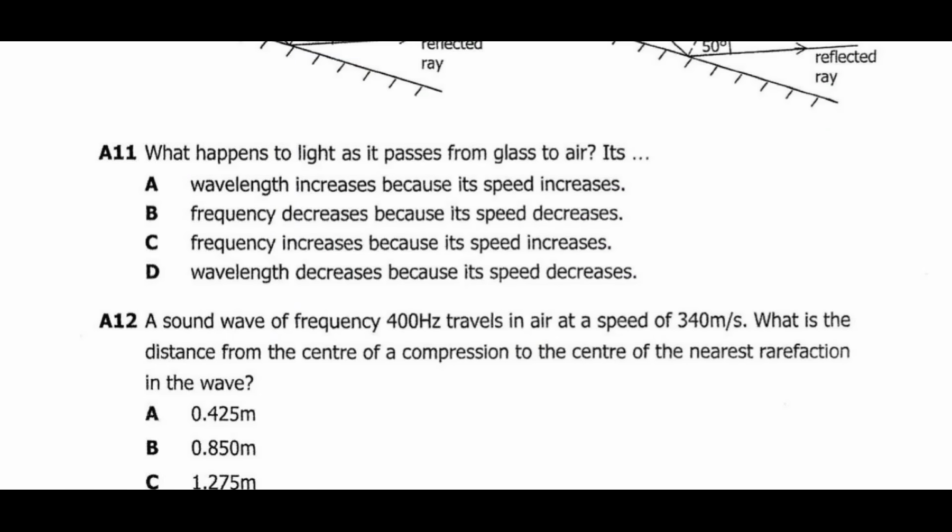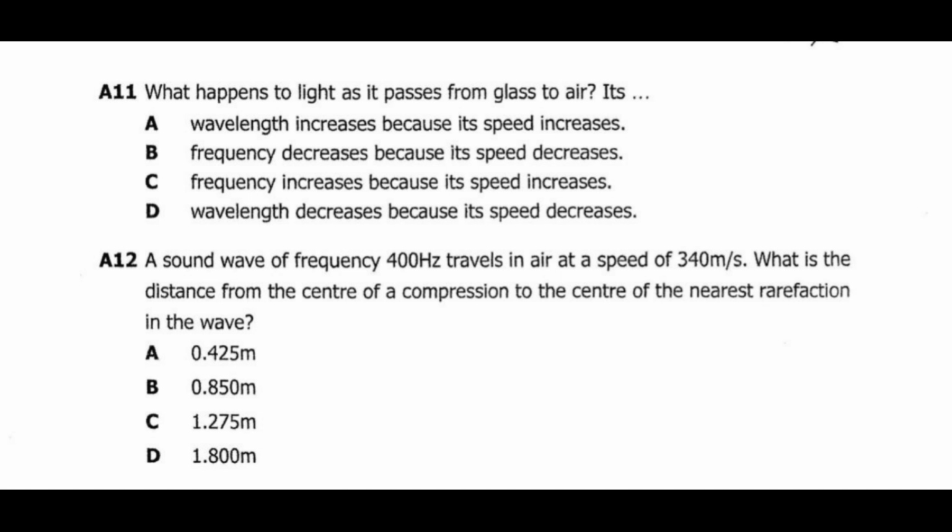Then we move on to question 11. What happens to light as it passes from glass to air? So this is like refraction. If we have two media, the first one is glass. This is our glass. Then we have the medium air. So let's draw our normal.